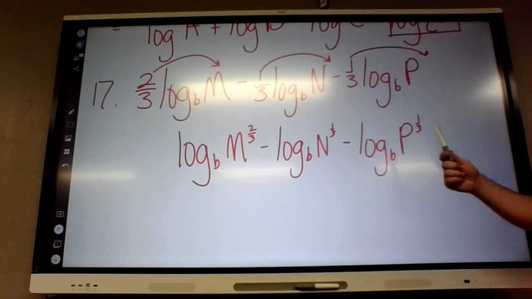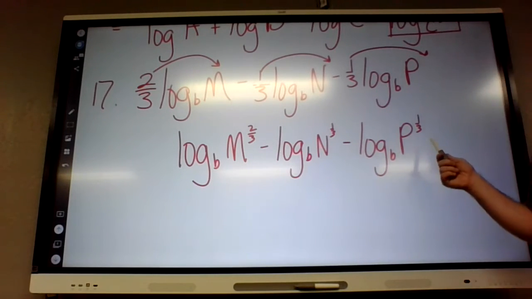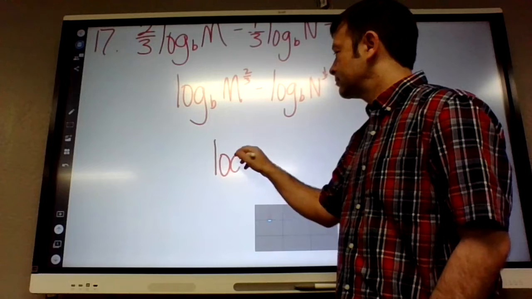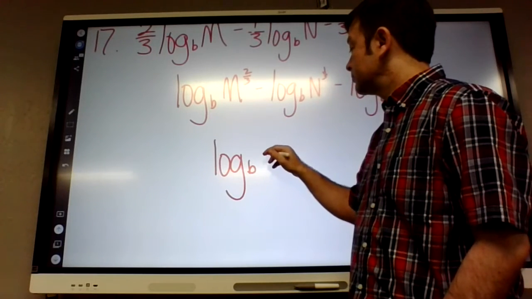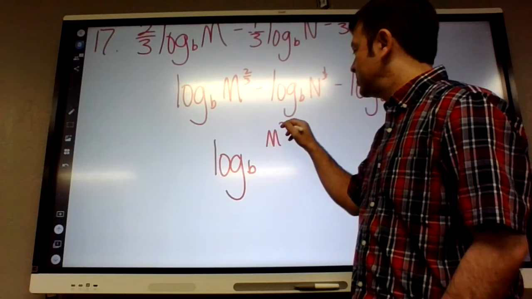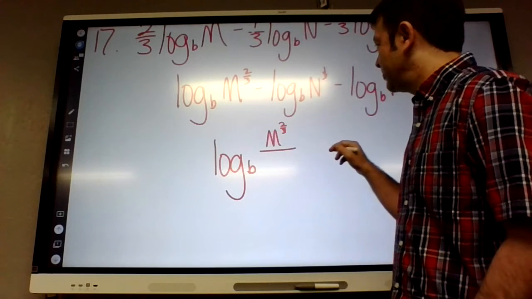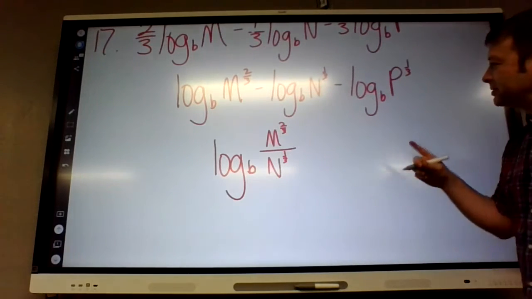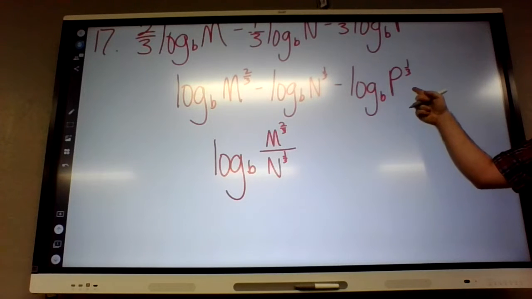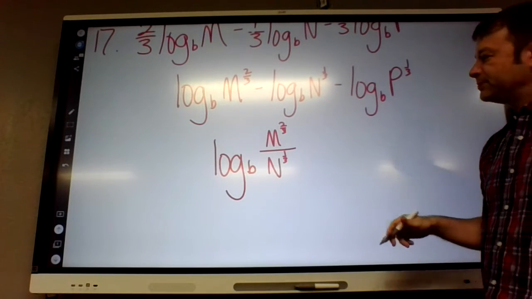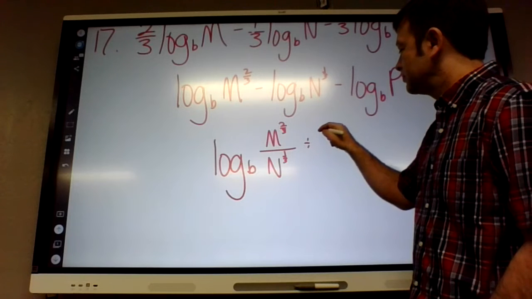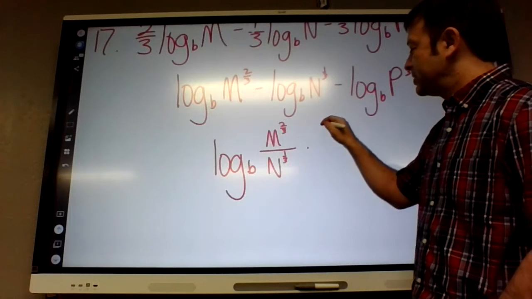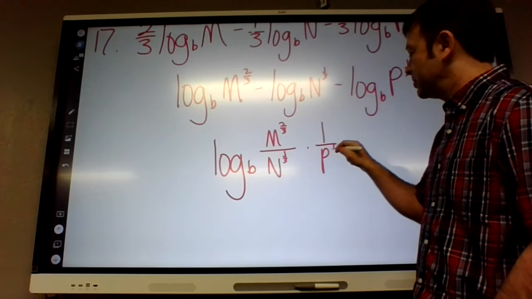How would I write this divided by this divided by this? Any ideas? M to the 2/3 divided by N to the 1/3 divided by P to the 1/3. What should we do with that? Divided by P to the 1/3 is the same thing as times 1 over P to the 1/3, right?